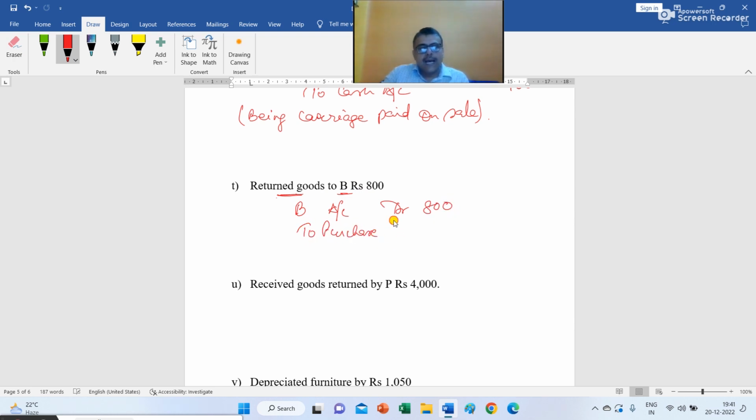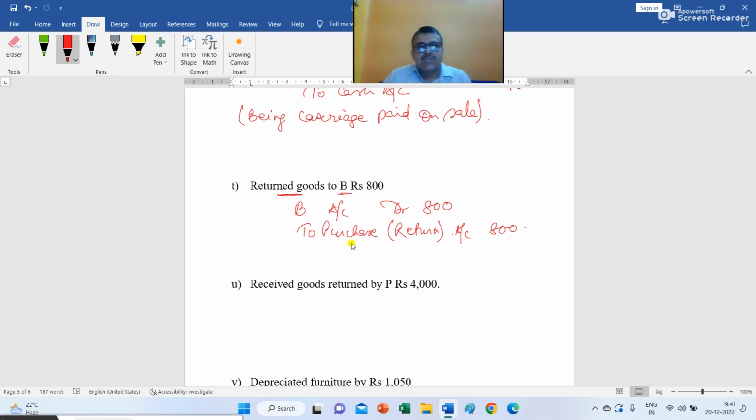And within bracket I am writing this is return, purchase return account 800. The actual account is basically the purchase. But when there is a purchase, purchase will get debited, and when there is a return of purchase, then purchase will get credited. And for your understanding, within bracket I have written return.